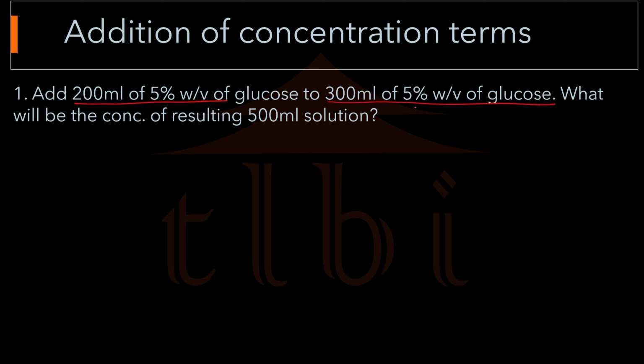Now I have asked them, okay, why don't you mix both and let's make it a single solution. Now, what will be the concentration of this final 500 ml solution? The answer will be 5% only.